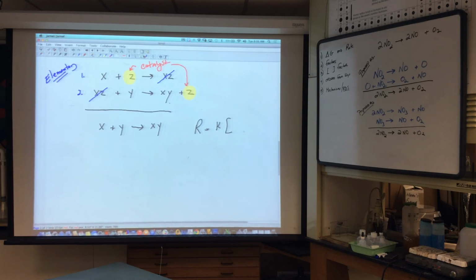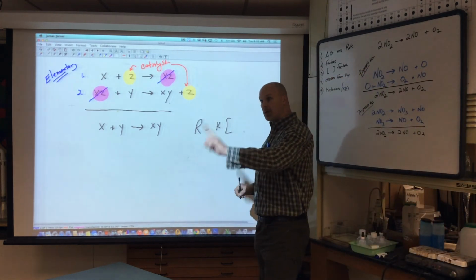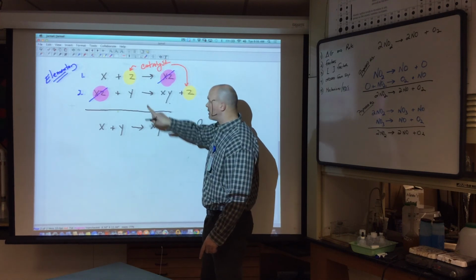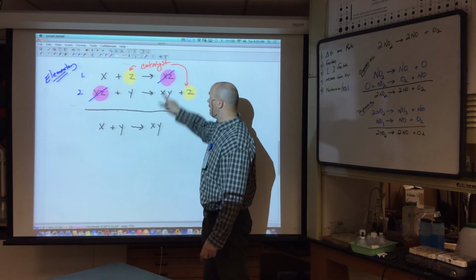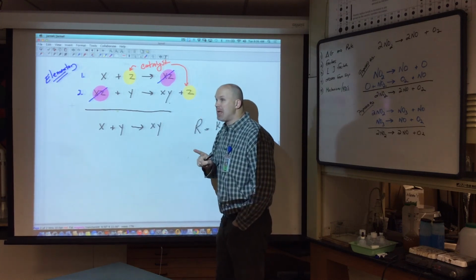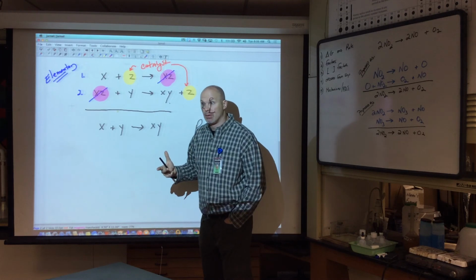And what is this? That is called an intermediate. You notice neither one is part of the equation because they get canceled. An intermediate links one step to another. Normally intermediates are unstable compounds. They don't last very long.